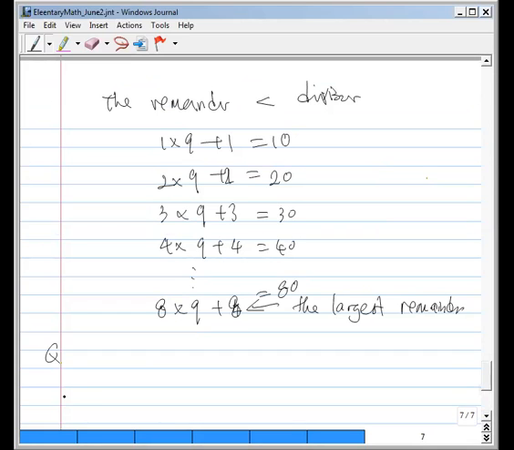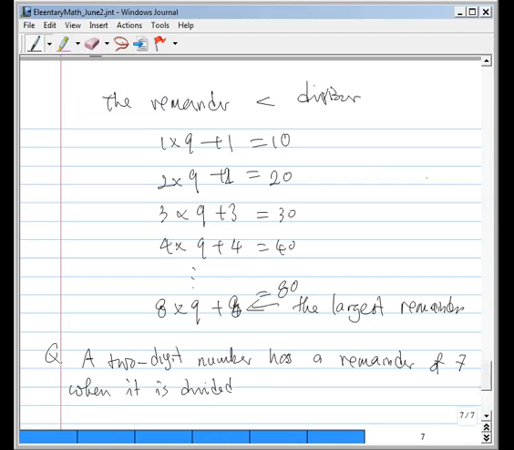Okay, we know that a two-digit number has a remainder of 7 when it is divided by 9.